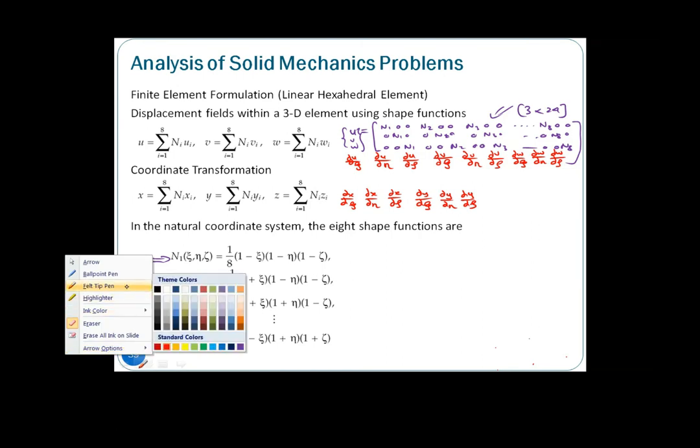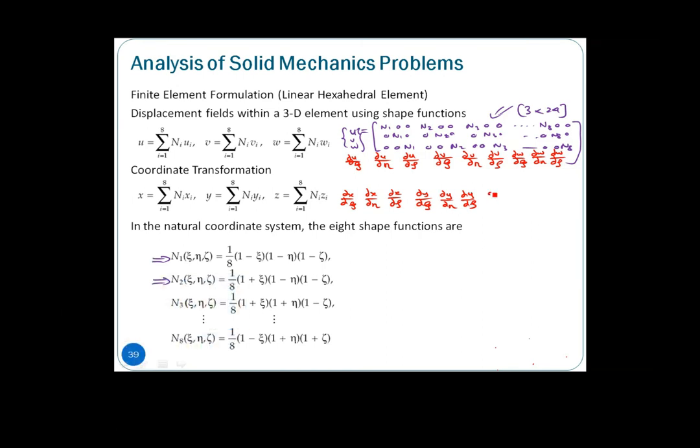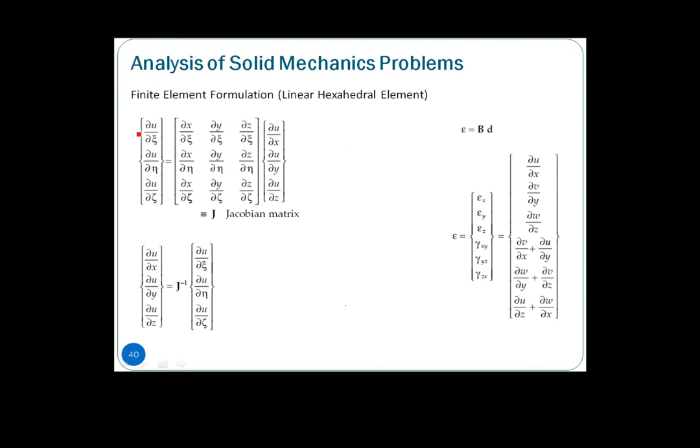From here, all can be determined because they are sharing the same shape functions, like what we have discussed just now. So the Jacobian matrix also can be determined, and we can find the relationship of this.